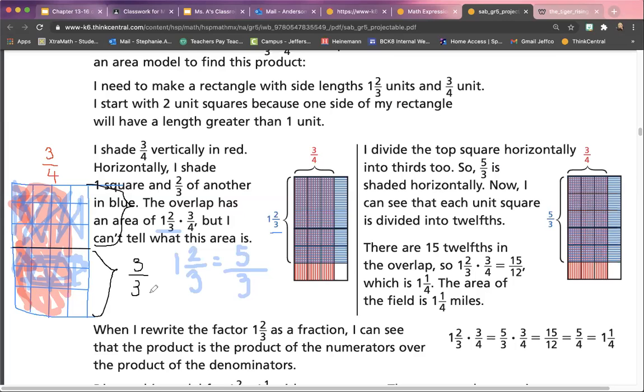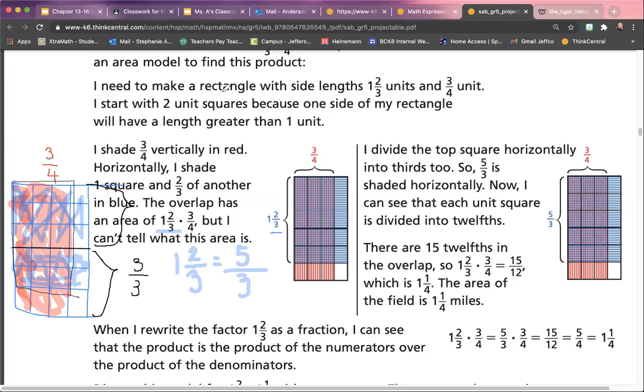All right, so now what we need to figure out is whenever we're doing this with models, and you will have these models in your lesson today, that you're only looking at whatever is shaded both, whatever is overlapped. So the only thing we're counting is whatever is shaded both red and blue, or in your notebook, maybe it's both circles and dots or stripes or whatever it is you're using. So I would go here and I would say, okay, I know right here to here to here is both.